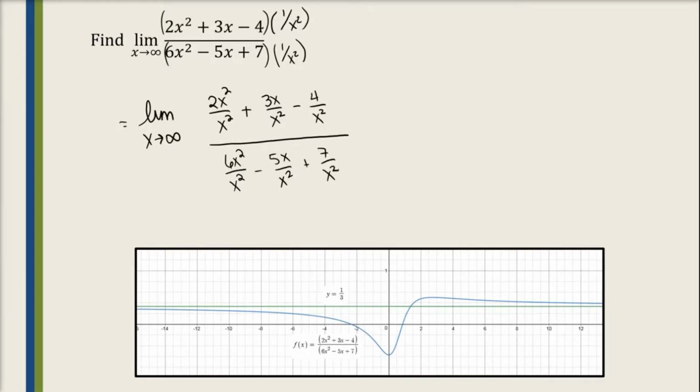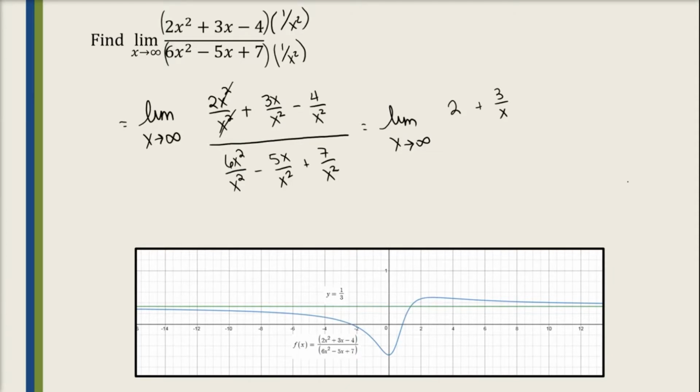over x squared. And then I can simplify a little bit. I have the limit as x approaches infinity. Now 2x squared over x squared is just 2. And 3x over x squared would be 3 over x.